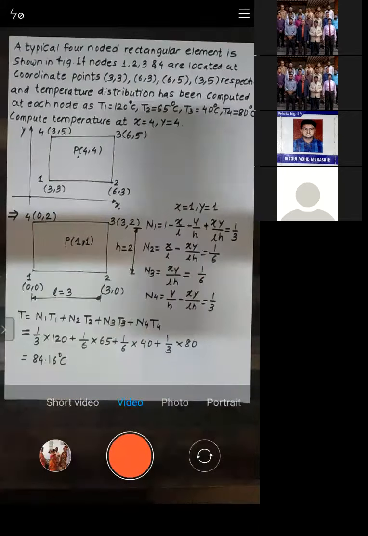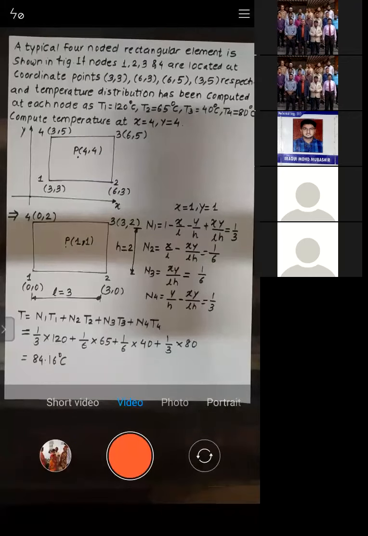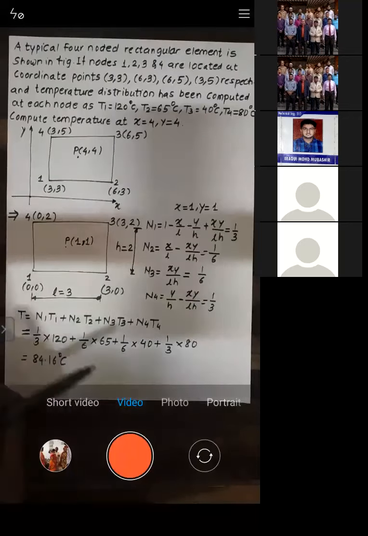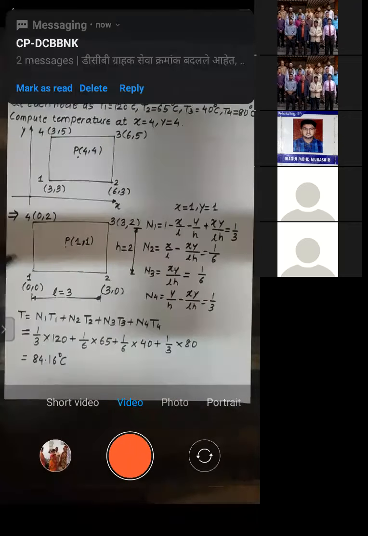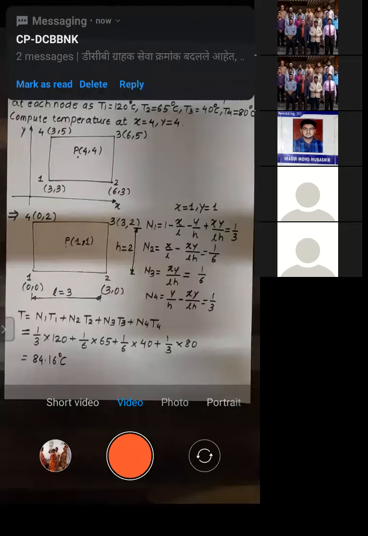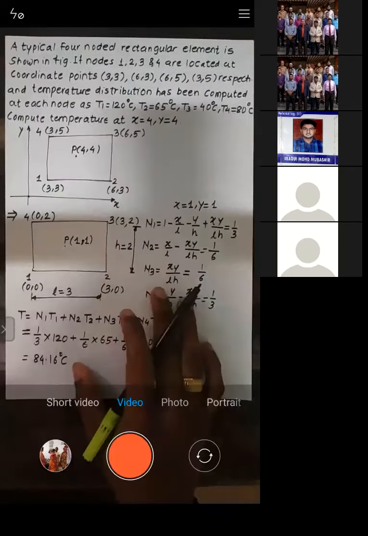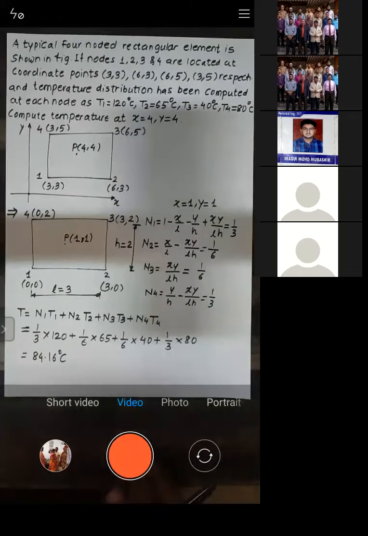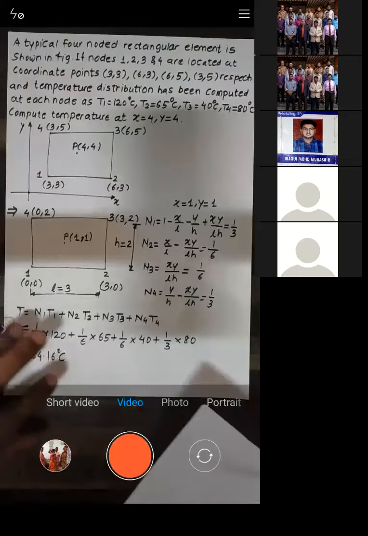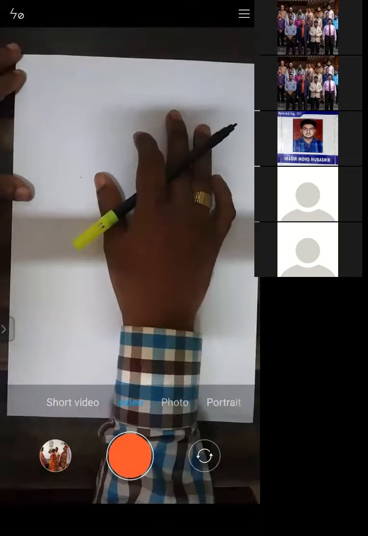Right? Is it okay to each of you? Yes, sir. Right? So this is all about the four noded rectangular element. After this, we'll be starting with the four noded quadrilateral element.